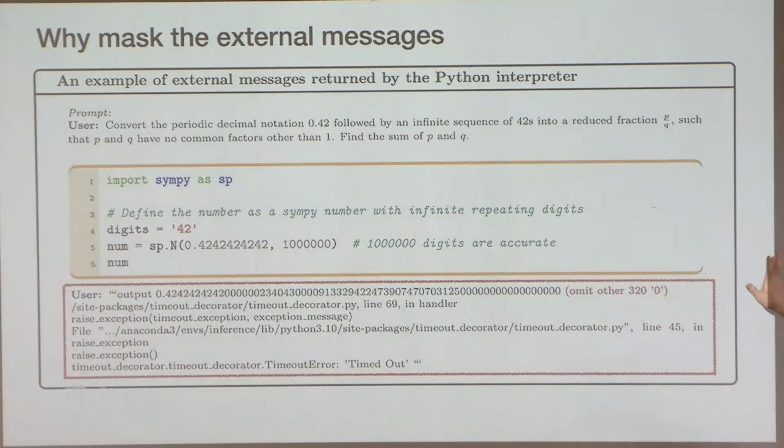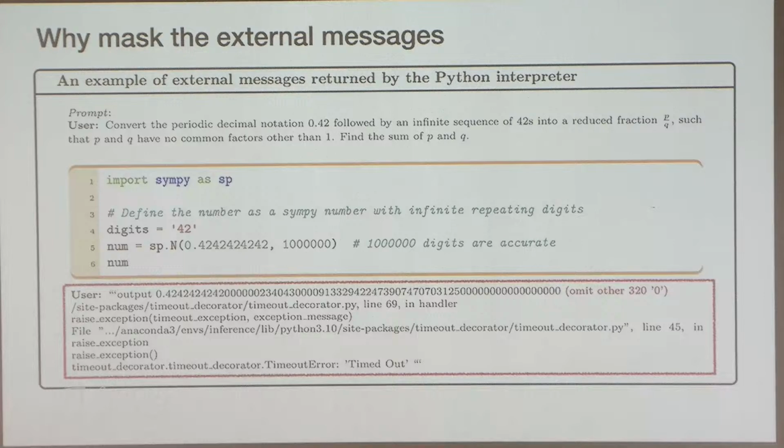So what we do is that we mask out the external message, right? If we look into this example, our model writes some really bad code, and the external message is just a mass of very lengthy error messages. Because DPO is like contrastive learning, sometimes you force the model to increase the probability of a positive response but reduce the probability of negative responses.